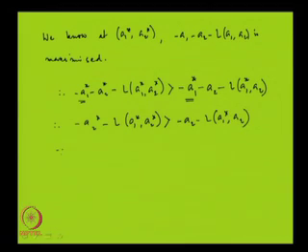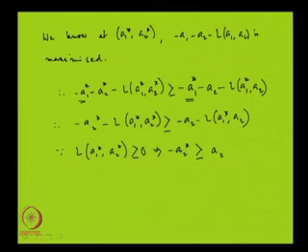And since this is greater than 0, which means that minus A2 star, so all this will be greater than or equal to minus A2 minus L1 star A2. Now remember, the A1s that we are considering are less than A1 star.